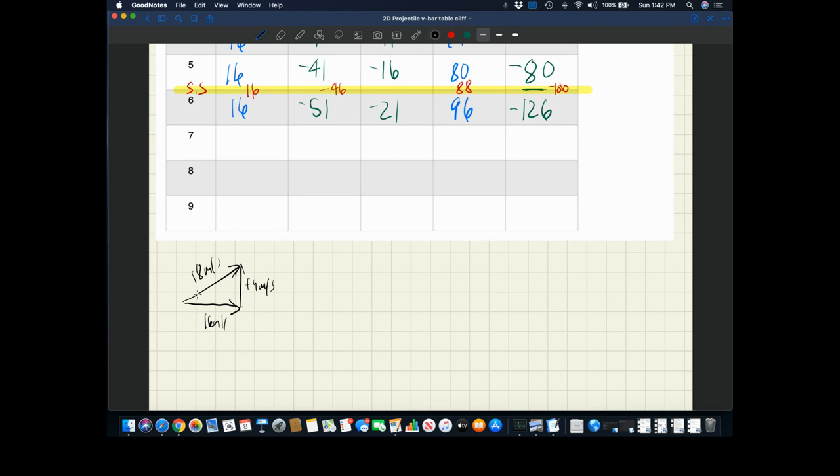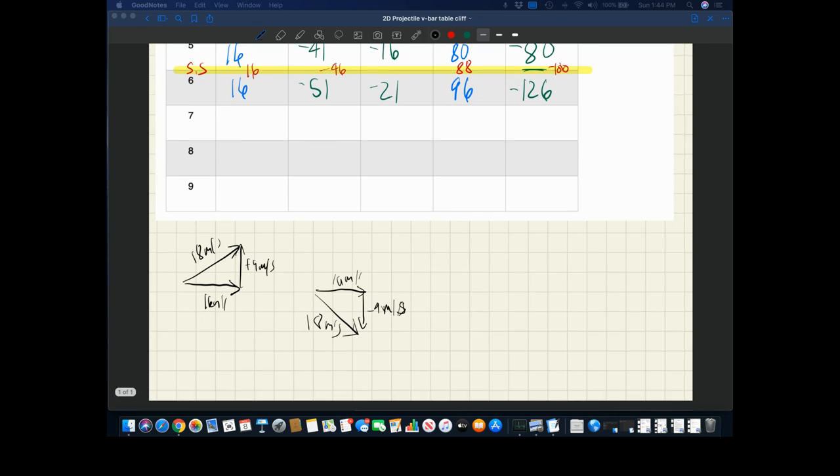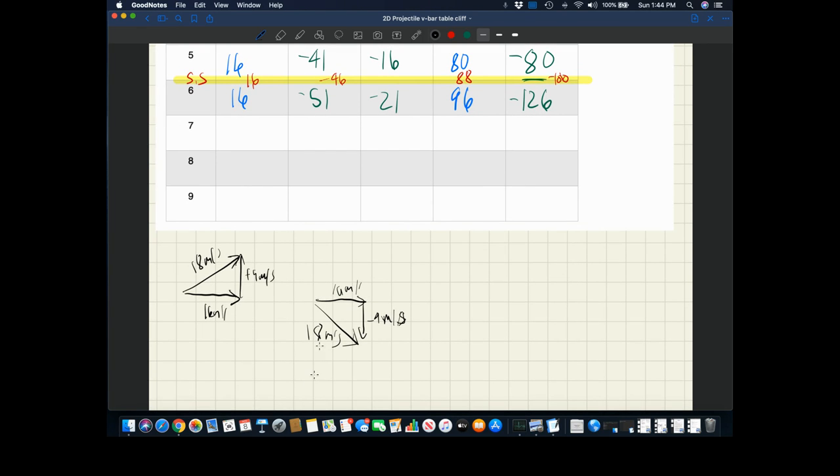And when we got back to the same height, we had 16 meters per second and minus 9 meters per second, and then overall at 18 meters per second.